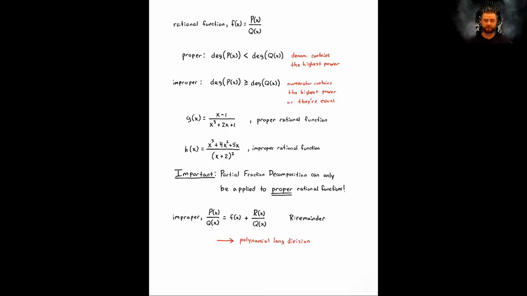So with that out of the way, let's go through an overview just so we have some guidance. I always like to do this at the start of a new topic or lecture, just so you have some idea where we're going. Our ultimate goal is to learn how to evaluate an integral of a rational function.